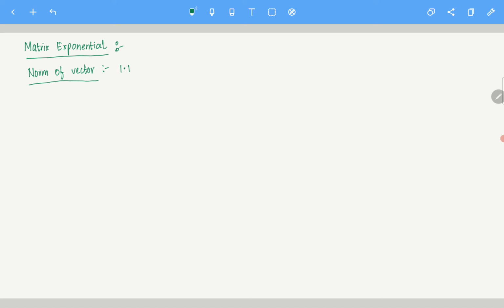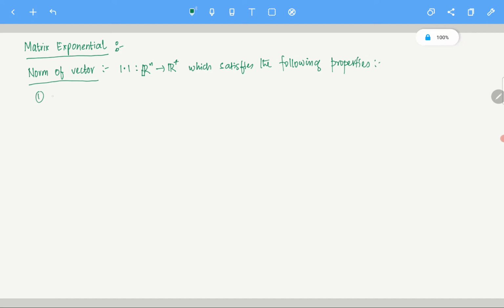The norm from Rn to R plus, what I mean by this is R union 0, the set of all the positive reals in union 0, so the non-negative numbers. This function satisfies the following properties. Any function which satisfies the following properties is called a norm.